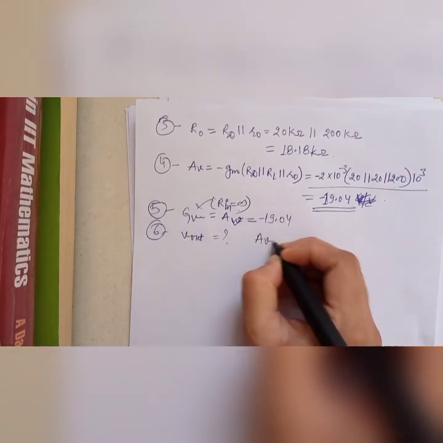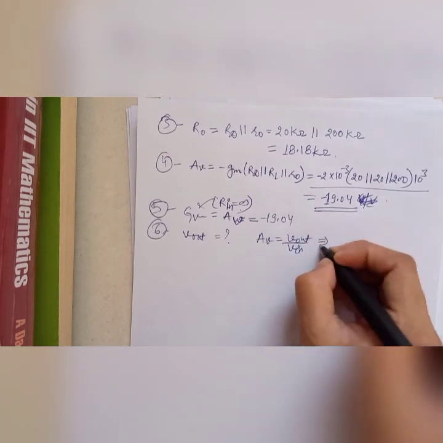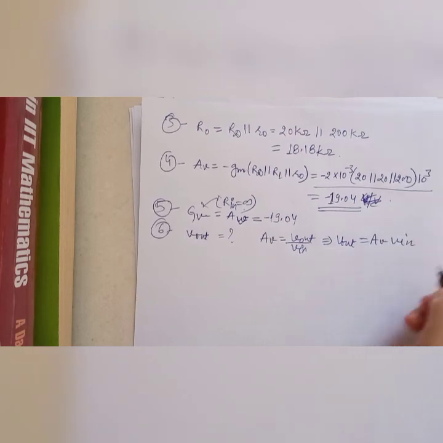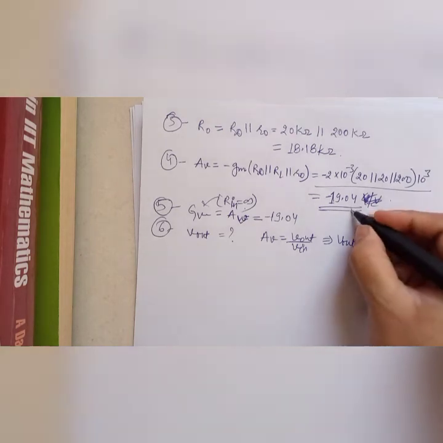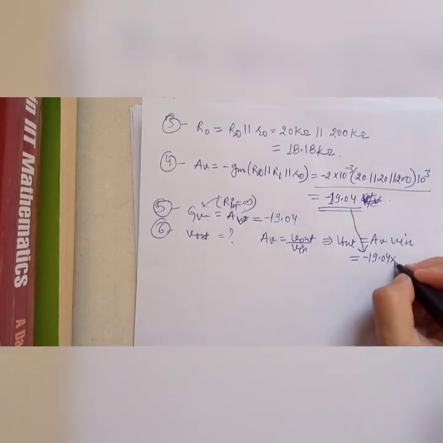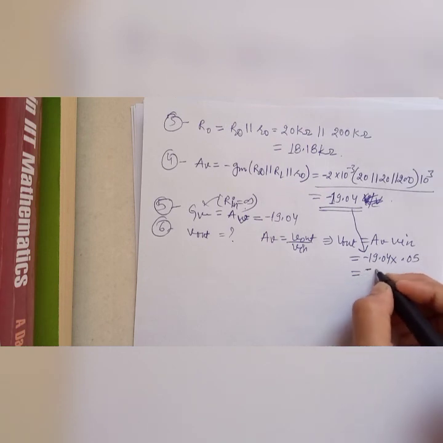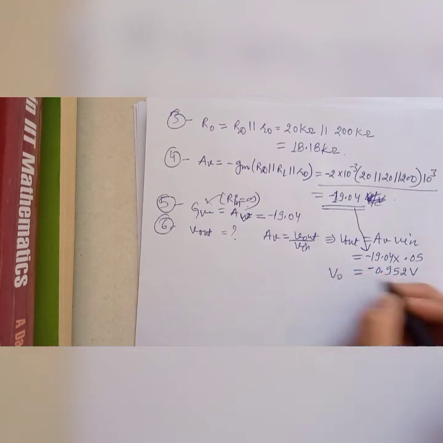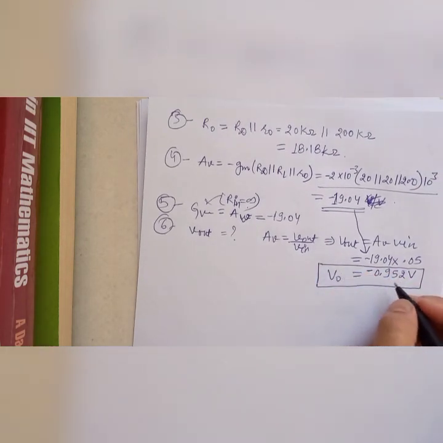You have the formula AV is equal to Vo by Vin, or Vout by Vin. Using this, Vout will be AV times Vin, right? AV is minus 19.04 you got. You substitute here, times Vin of 0.05. I calculated, so it will come to minus 0.952 volts near about. So this is the output peak value of the sine wave.